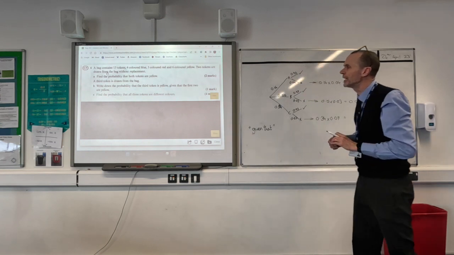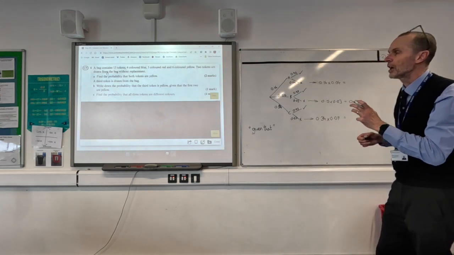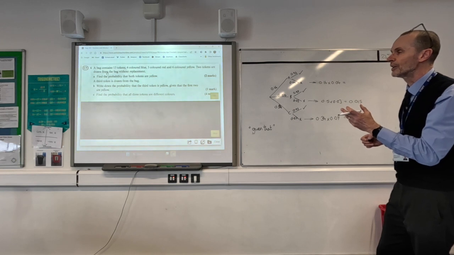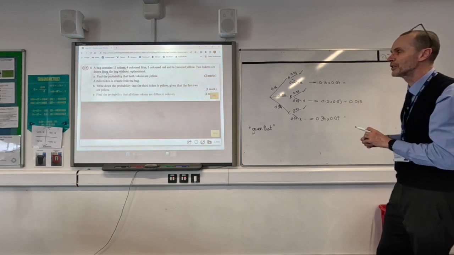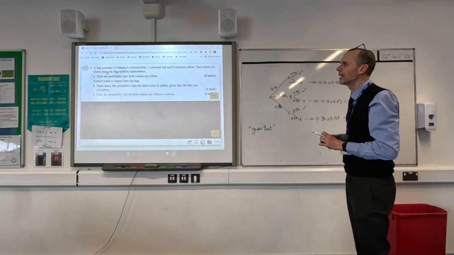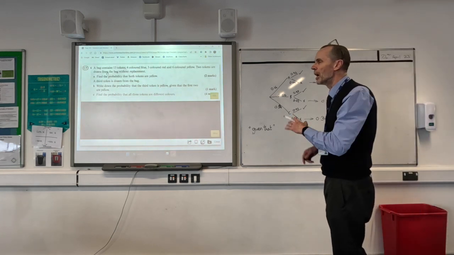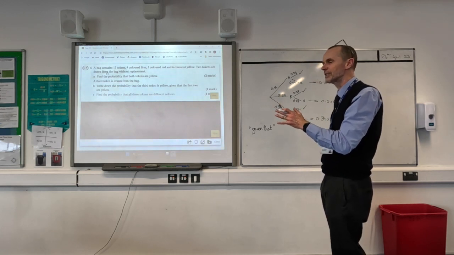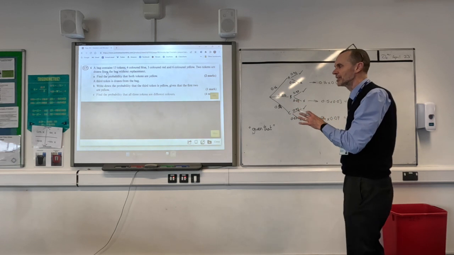So in this question here, we've got two tokens taken out of a bag, and we're asked to write down the probability that the third token is yellow, given that the first two are yellow. Now, I'm not going to bother drawing a tree diagram to answer this question, because A, it's really complicated, and B, it's something I can do in my head.